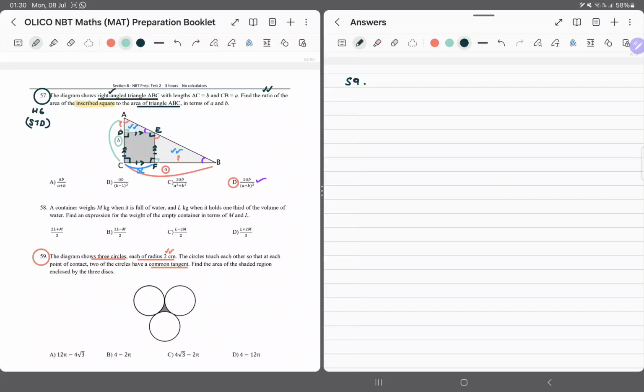Now we need to find the area of the shaded region enclosed by the 3 circle discs. Now again, this is another higher grade question, guys, unfortunately.